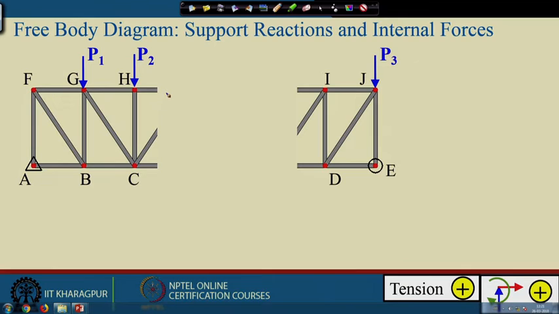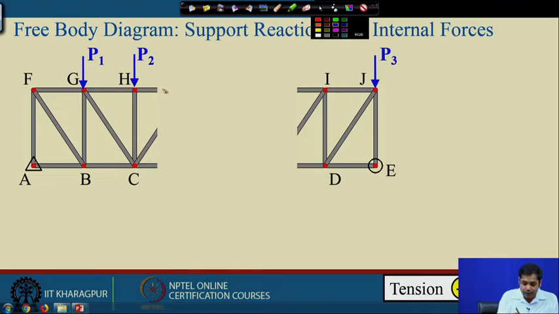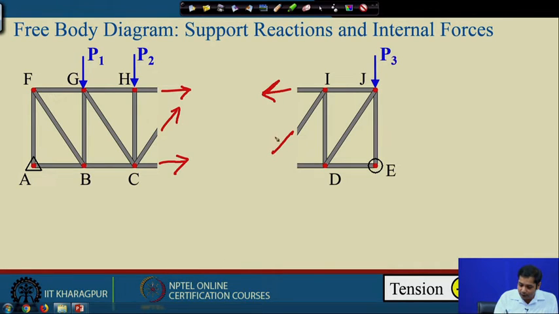Since it is a truss problem, internal forces mean, unlike a beam where we had axial force, shear force and bending moment, here all members are two-force members, and therefore the only force we have in the member is the axial force along the line of action, along the longitudinal axis of the truss member. So these will be the internal forces in the member, right, and we have also seen how to represent that.